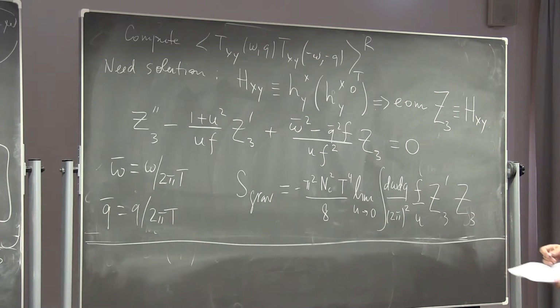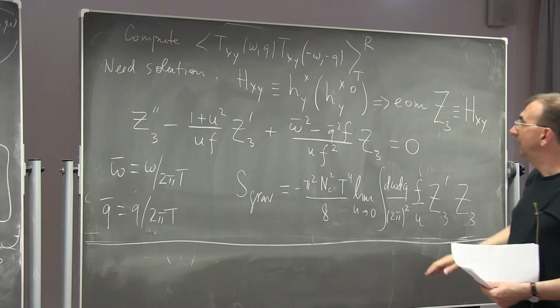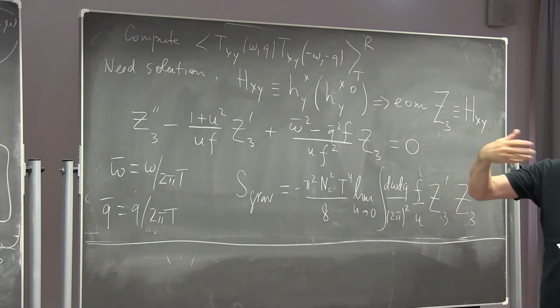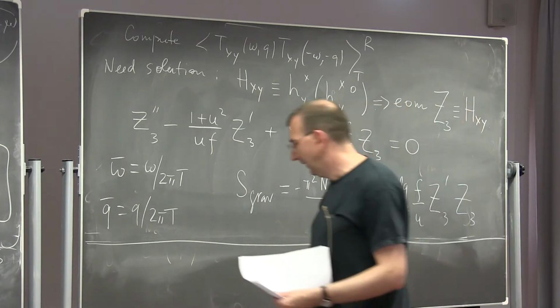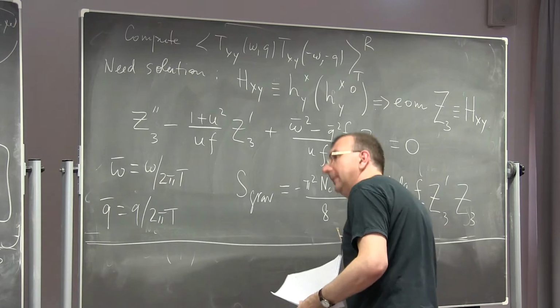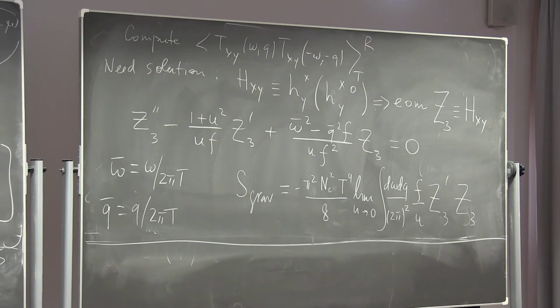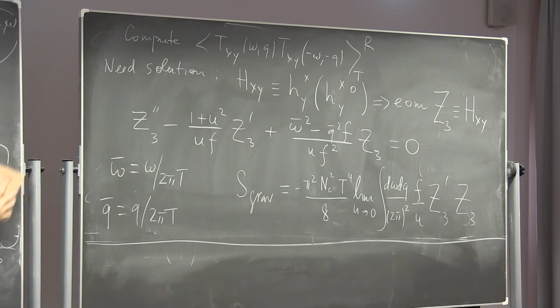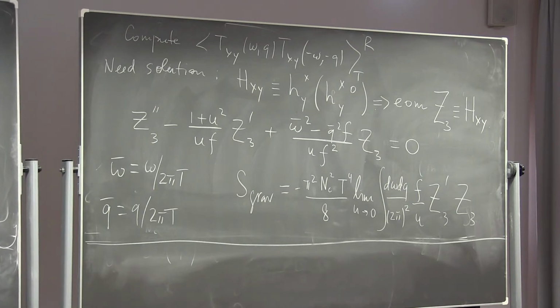So, great, we reduced the problem of computing the correlator to the solution of an ordinary linear differential equation. And now we have to solve the equation. There is one problem. This equation doesn't have a known solution.